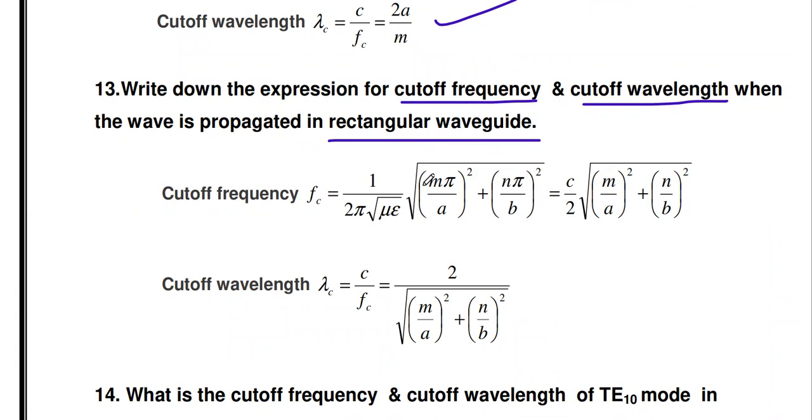If you take pi out of the square root, that pi cancels. Then 1 divided by square root of mu epsilon is nothing but c. So the formula reduces to c by 2 times square root of (m by a) squared plus (n by b) squared. This is the cutoff frequency for rectangular waveguide.